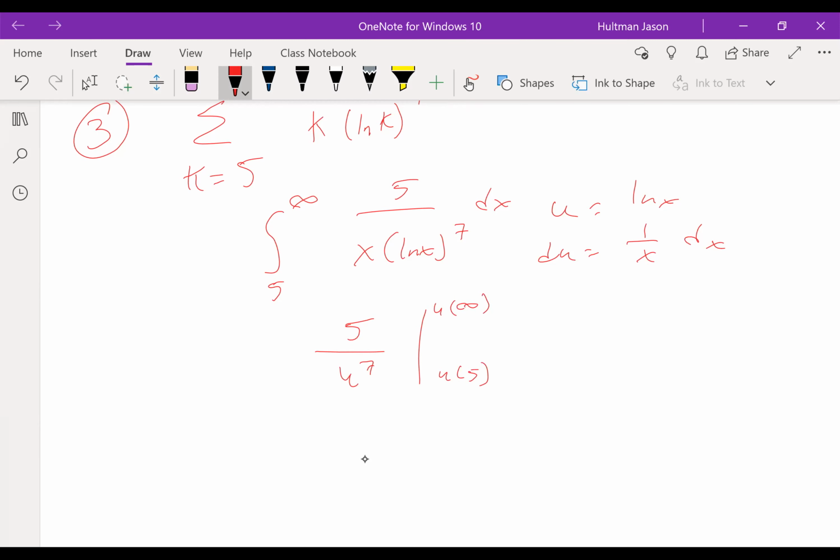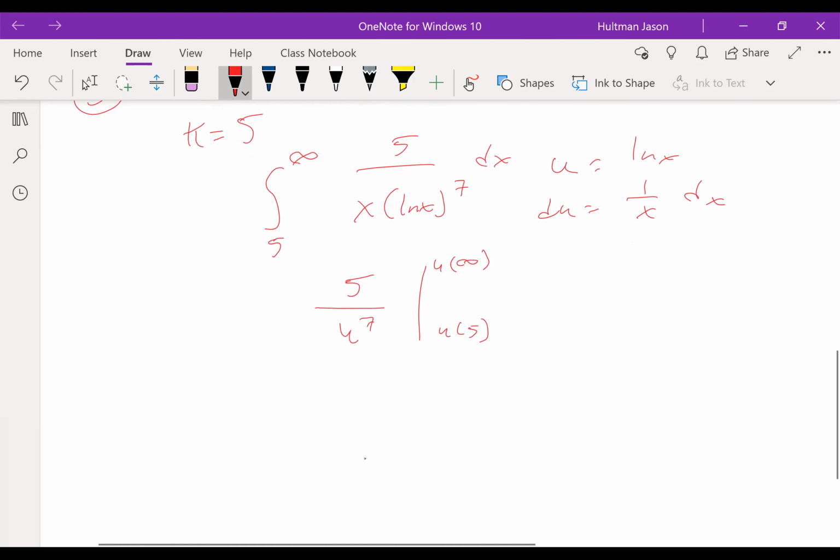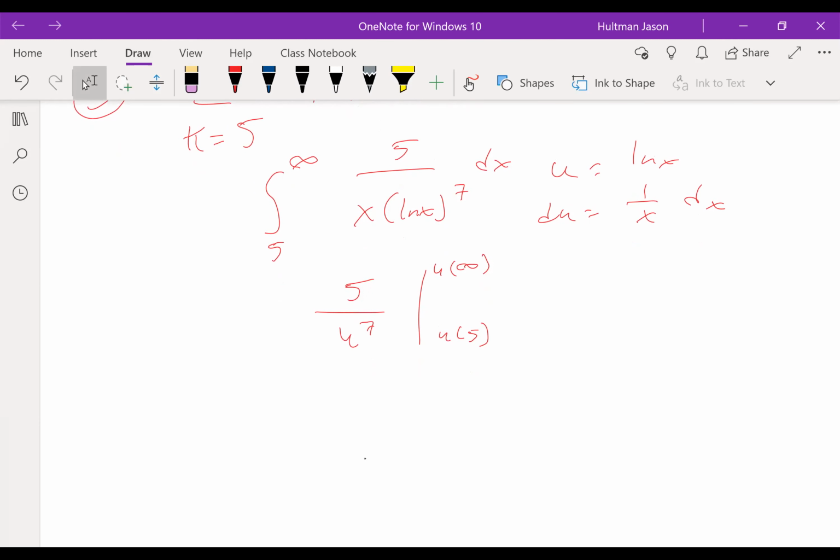It really doesn't matter. I'm not going to go back to x's anyway in the end, because they're easier to work with. We haven't integrated it yet. This is du.